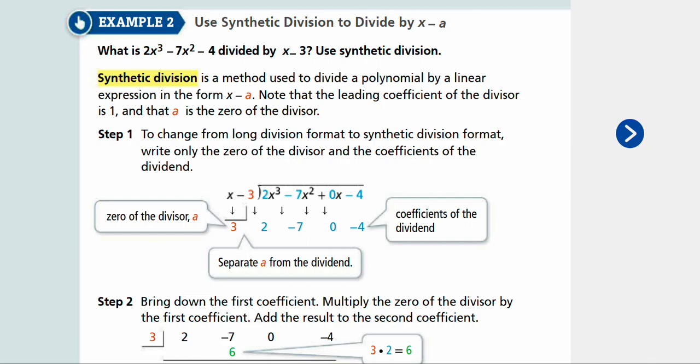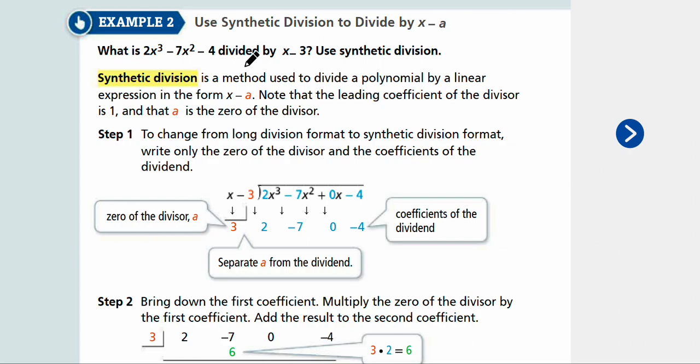Let's look at step 1 of this example. First, look at the 0 of the divisor. We have 3, and the coefficients of the polynomial would be 2, -7, 0, and -4. Make sure that all the terms are present, even though the x term is not there.